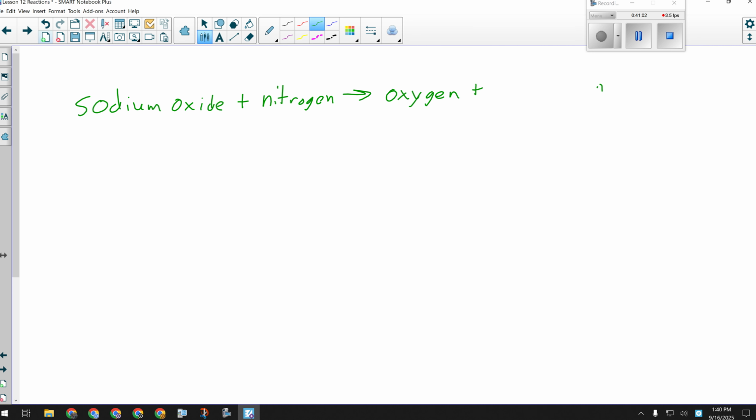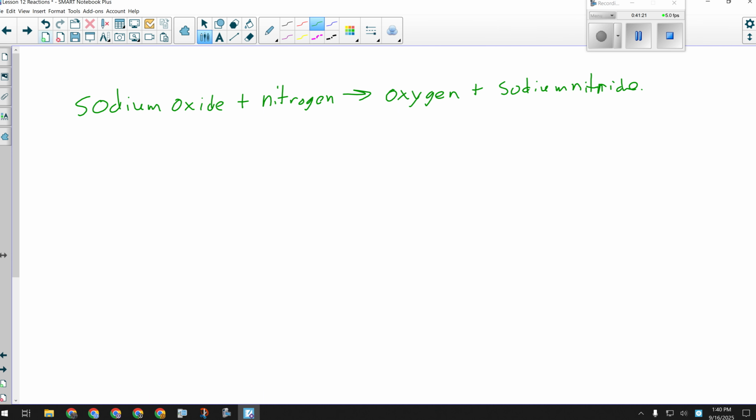Sodium. Otherwise, I break the rules and I created an element, sodium nitrate. Okay, so with this one, write it out in its formula form. Identify the type and balance.